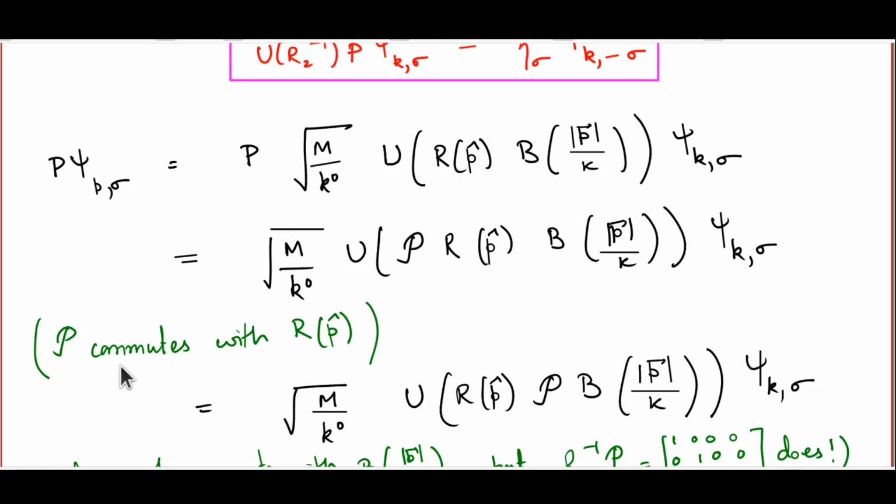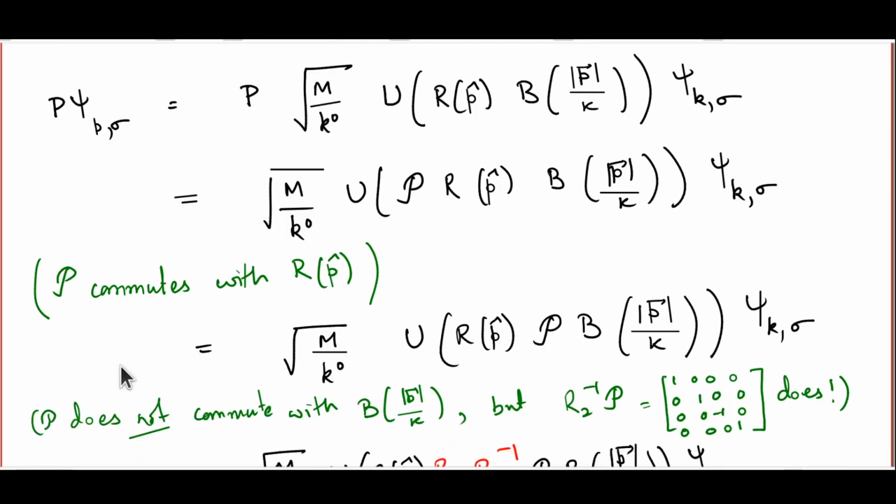Of course, the order in which the operators act is the opposite. Boost gets to act first, then the parity operator, then the operator corresponding to R_p hat. Now, curly P, the parity operator, does not commute with the boost along the z-axis, as you can easily check.